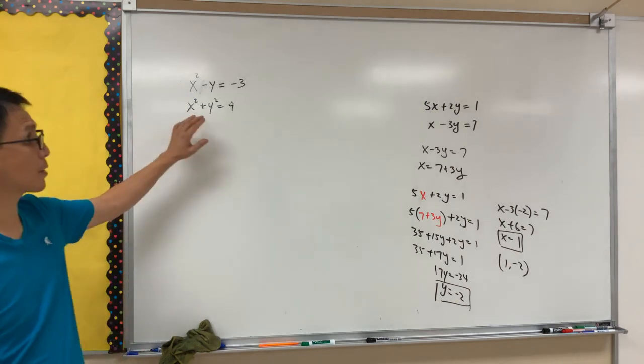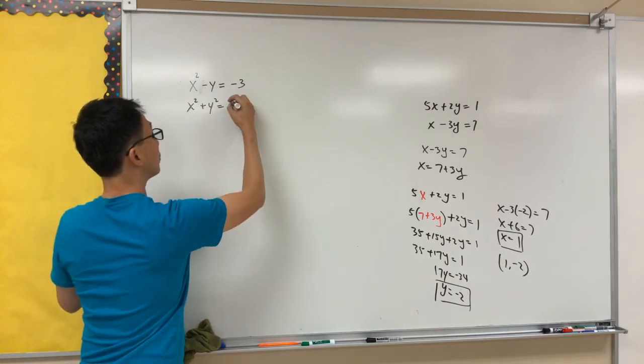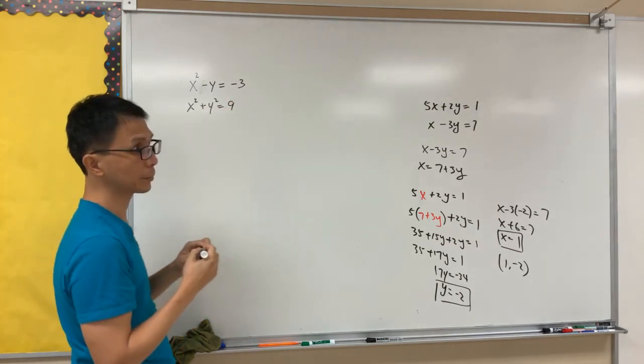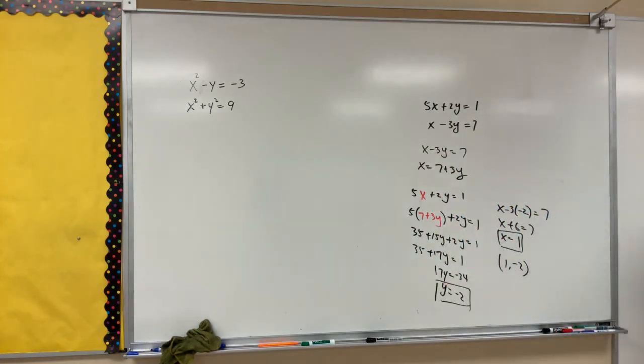So this is a different system. Can you do it with 2 different ways? What did you get? Oh, I didn't get x yet.